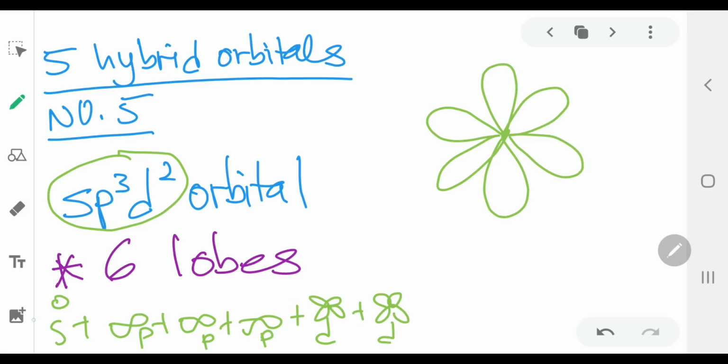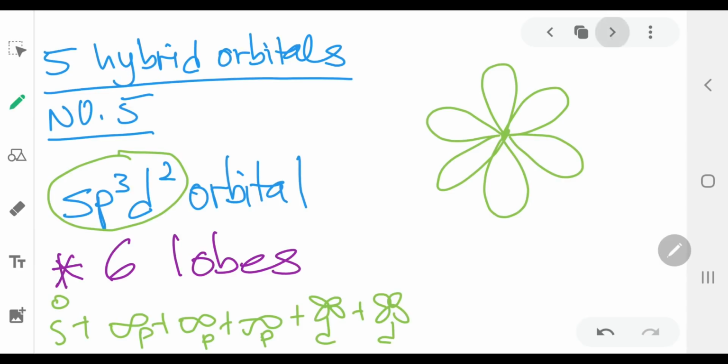So when you have all of these pure orbitals mixing together, you're going to have hybrid orbitals. That's why we call them hybrid orbitals, because they are not pure orbitals, but they are formed from the mixing of pure orbitals.